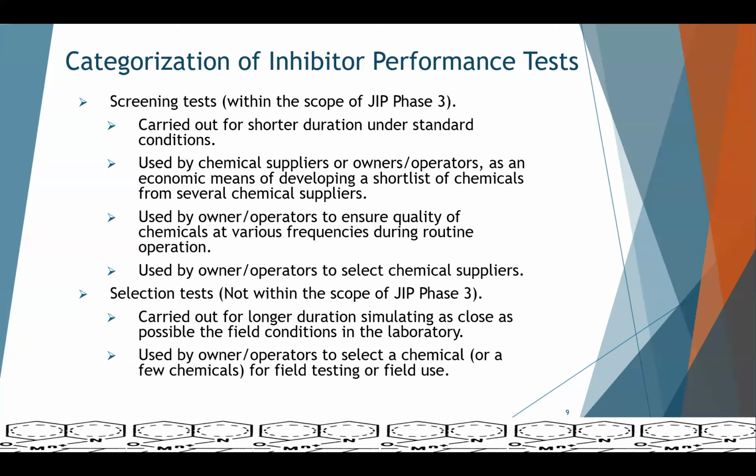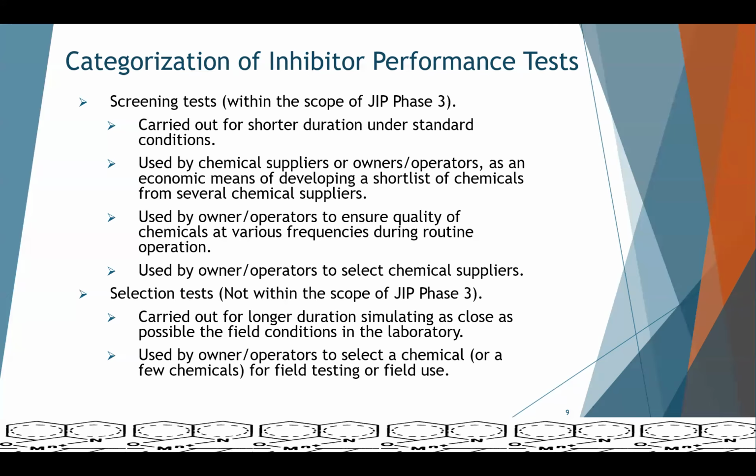That is our focus, establishing standard conditions. These screening tests are used, or should be used, by chemical suppliers or owners, as well as operators, as an economic means of developing a short list of chemicals from several chemical suppliers. So instead of starting from scratch, the owner operators can pick from a short list of chemicals.